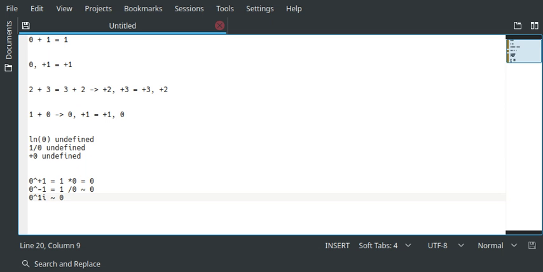So trying to use that as some way of figuring out what ln of 0 would be doesn't make sense. ln of 0 doesn't occur. It's not a thing. There is no power you can raise e to which will yield 0 as its result. So this is not an approach that makes sense.